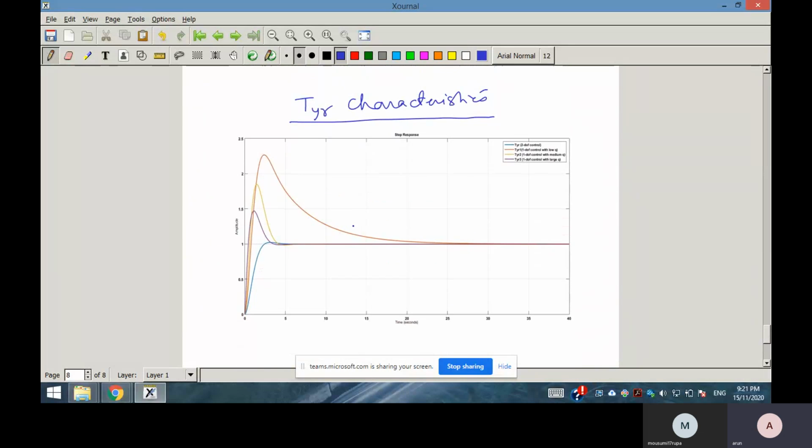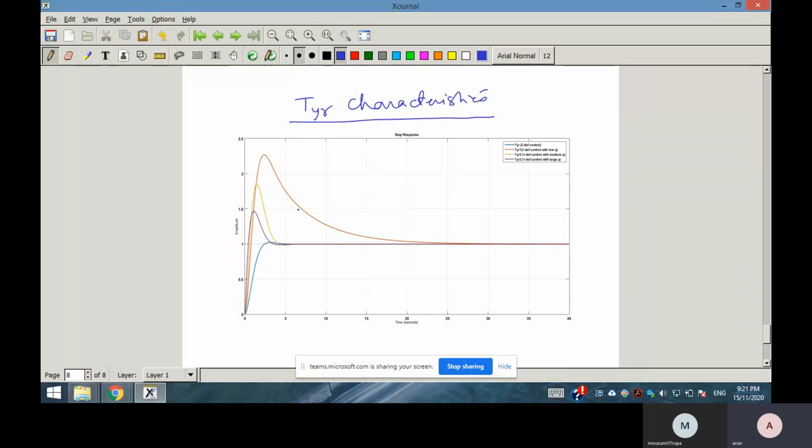This one is for very low value of Q, this is for low value of Q, this is for mid value of Q, and this is for large value of Q. Okay, so Q I have chosen so as to have some delta.